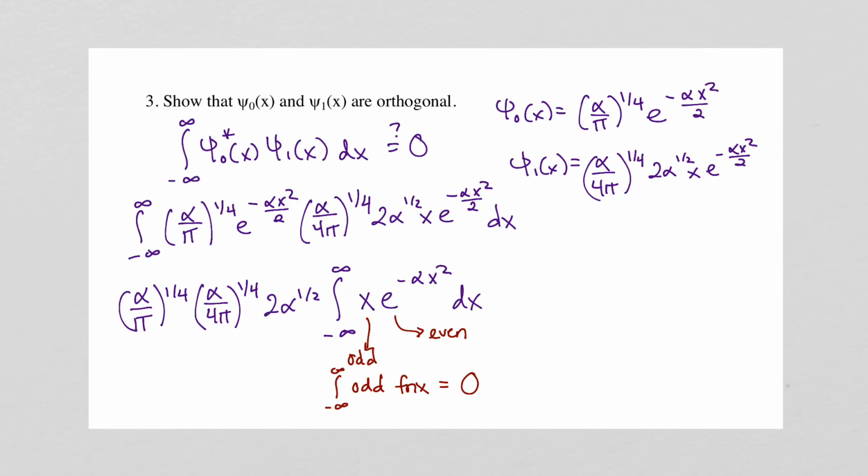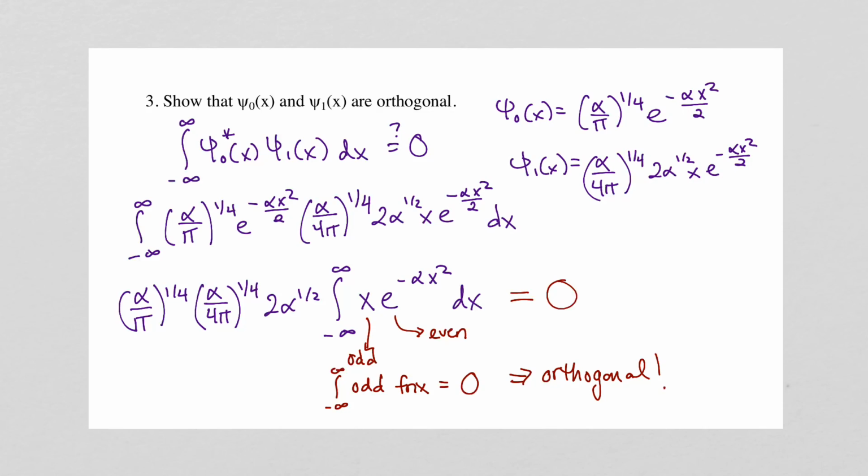So now you understand why I was lazy and didn't bother to do much with all of this junk over here, because I knew that this lovely item right here was going to go to 0, because we're integrating an odd function over all of our space. An even space centered at 0 is the key there. So our psi 0 and psi 1 are in fact orthogonal. That whole expression is going to equal 0.